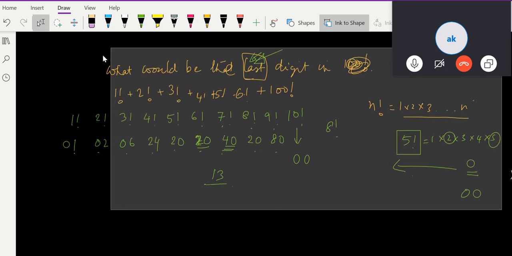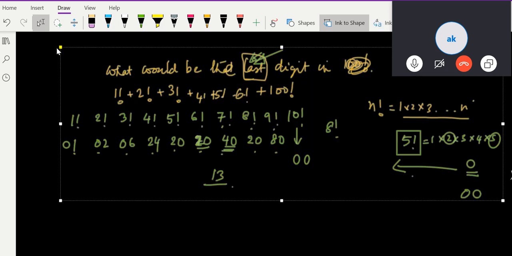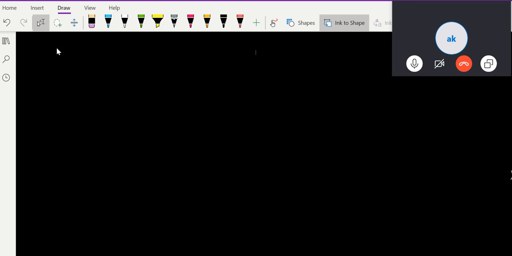Now, next, let's go to another question. Tell me what would be the number of zeros in 5 to the power 70 into 100 factorial.